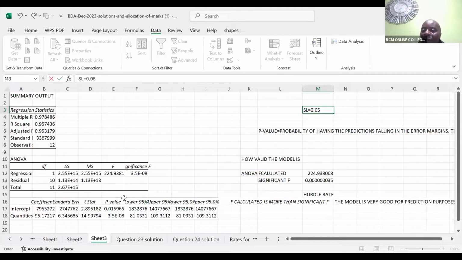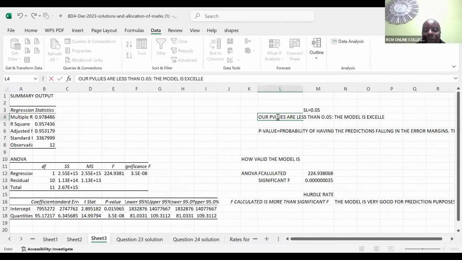So our p-values are less than 0.05. Therefore, ladies and gentlemen, the model is excellent for prediction purposes.